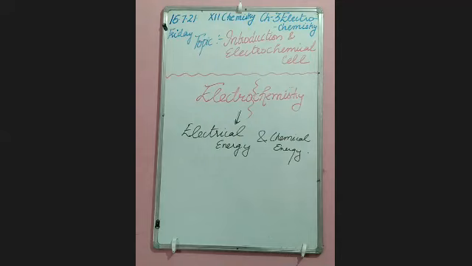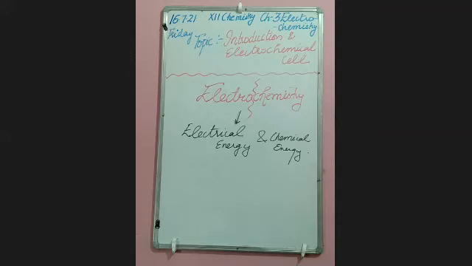Or you can say that it deals with how the chemical energy produced in a particular redox reaction can be converted into electrical energy, or how electrical energy can be used to bring about a chemical change. So it deals with these two energies. What is the relationship between them? How electrical energy can be converted into chemical energy, or vice versa. This is your electrochemistry.